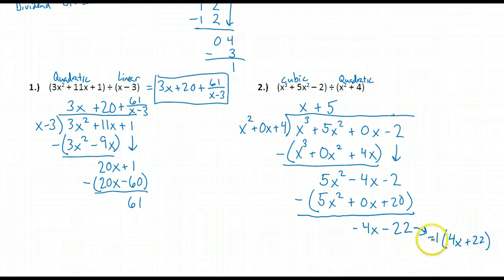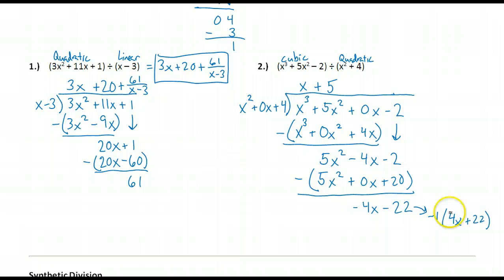If I distributed this negative 1 back into the parentheses, these two expressions are the same. Now I could rewrite this without the negative 1. So I'm just going to write it as negative quantity 4x plus 22. This expression is equivalent to this expression. If I distributed this negative sign back into the parentheses, I would get minus 4x minus 22.